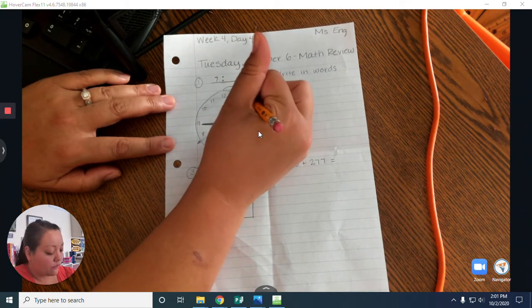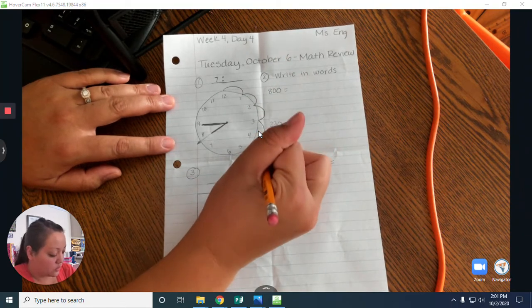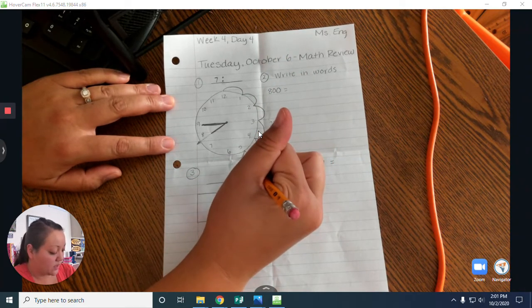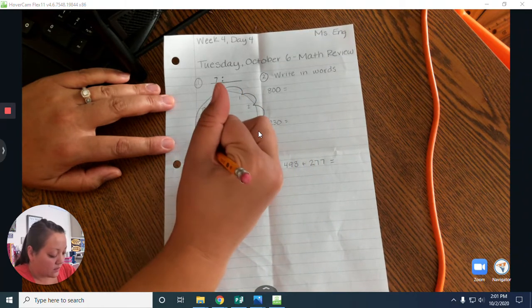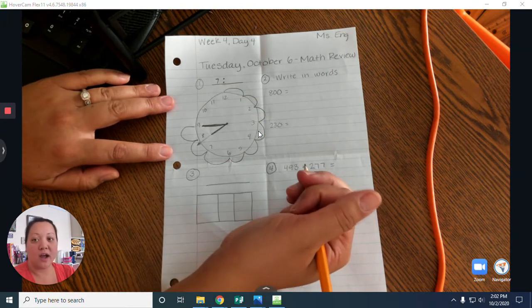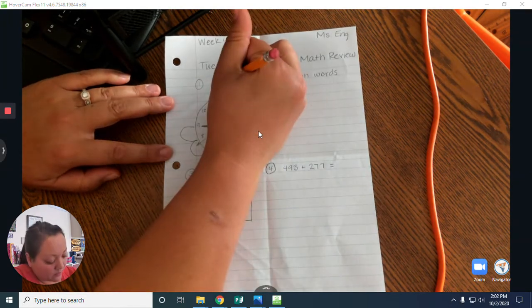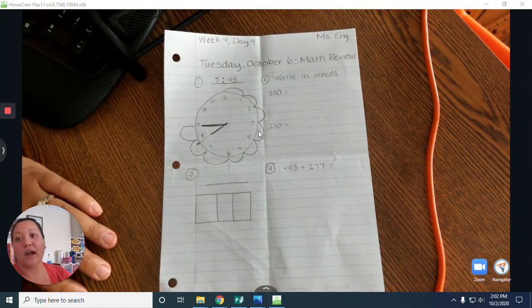So 5, 10, 15, 20, 25, 30, 35, 40, and that is pointing at the 9, so it's 45. So I counted by 5s, and I get to 7:45. That is the correct answer for that one.